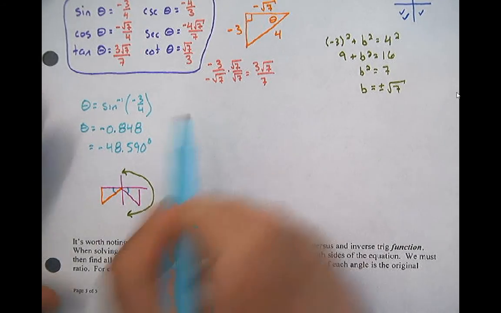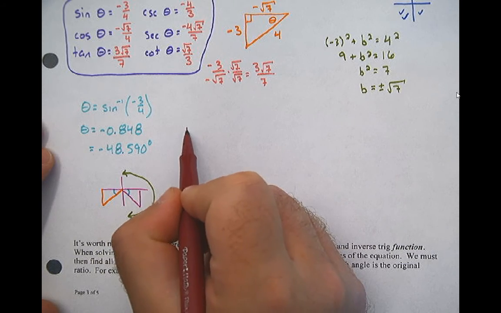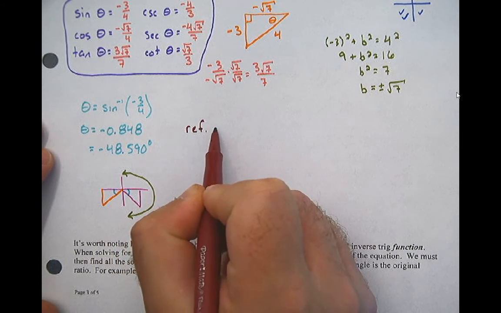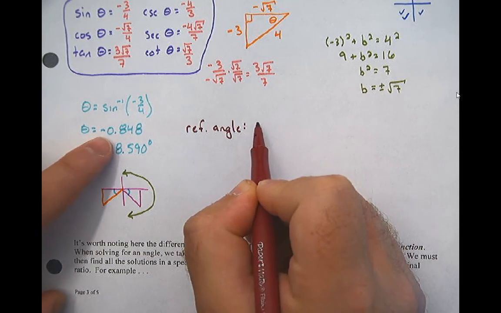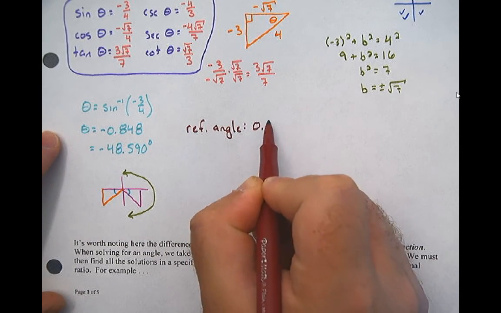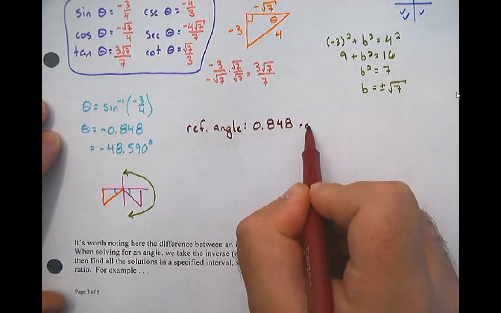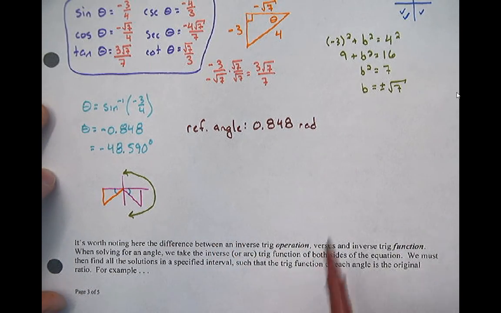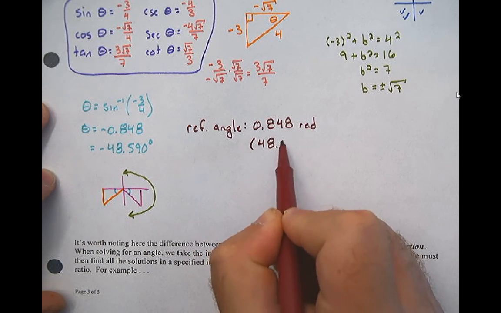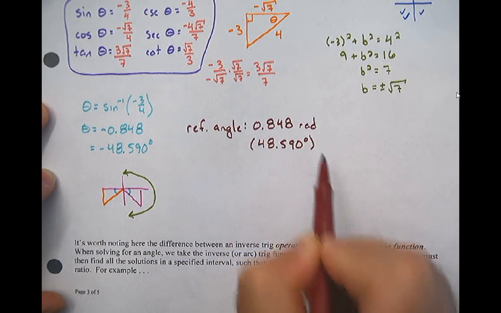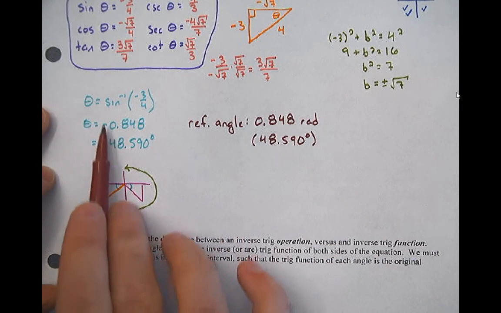So my reference angle is this 0.848. That's in radians, which is, I'm going to put in parentheses, 48.590 degrees. Now that's this angle. Now why is it negative on our calculator?